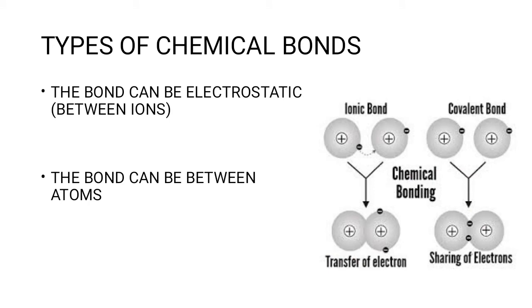Now we see the type of a chemical bond depends on how atoms are making that attraction. If atoms are reacting, like this is one atom which is giving its electron to another atom, as they gain and lose electrons in between, they are ionized.